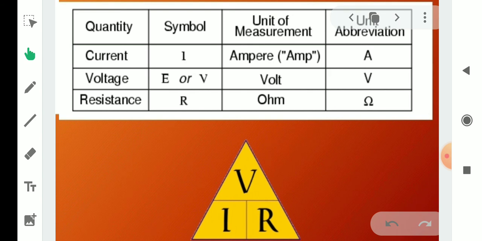Okay, before going to that, quantities. You can see here the table. Quantity electric current, symbol I. What is the unit? Ampere.